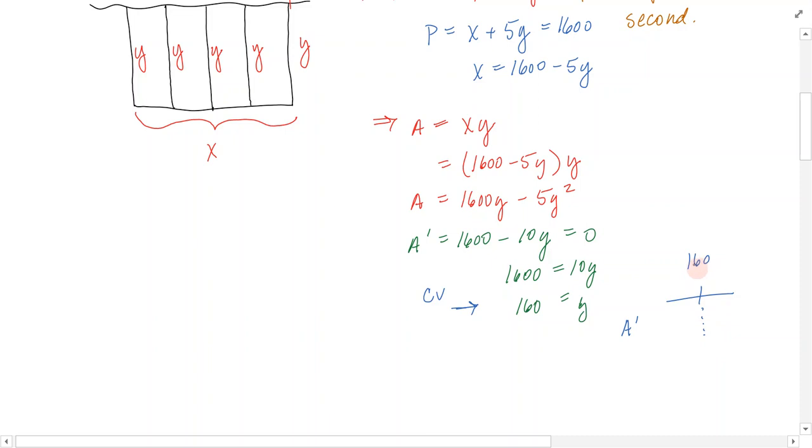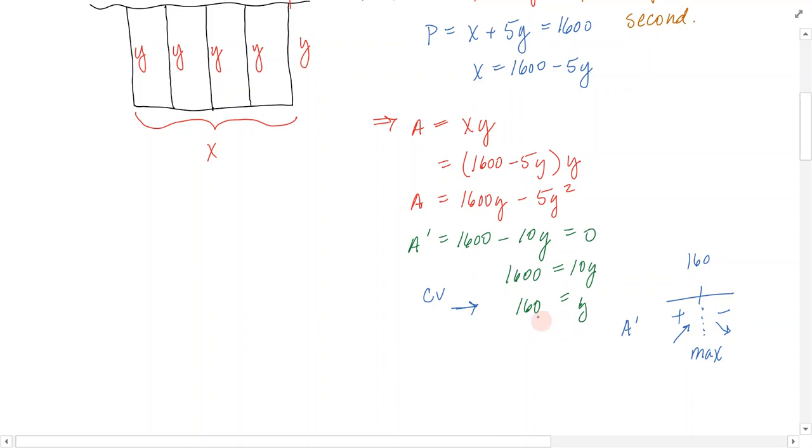So if I choose a value, say 150, and plug it into the derivative here, I'm going to find out that to the left of 160 it's positive, and to the right of 160 it's negative. So we are increasing and then decreasing on either side of 160. That means that this has to be a maximum value. So we've just proven, in other words, that this critical value of 160 is indeed a max, right? And we did that using our test values over there.